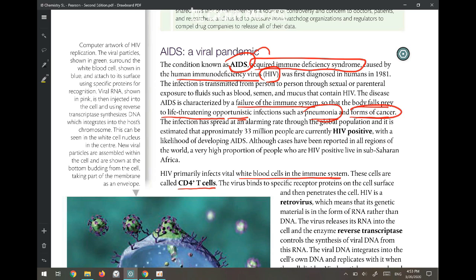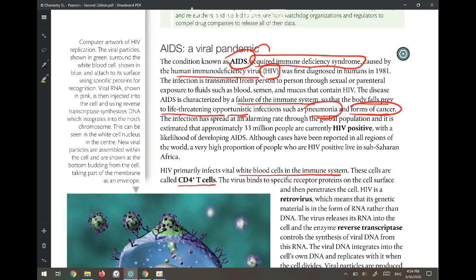AIDS is a situation when a person is HIV positive and the virus has damaged their immune system, and now they have some serious infections. In this situation, because the immune system is damaged, it cannot fight secondary infections. This situation is called AIDS.